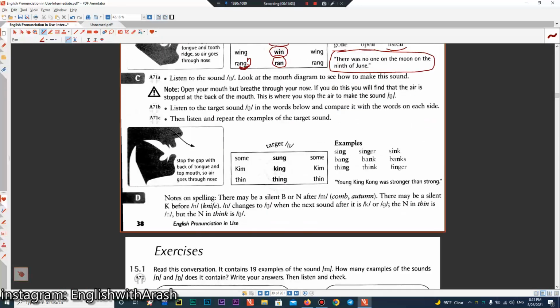Look at the tongue. The tongue is blocking the air here. So there's even less space for the air. So your tongue has to go back a bit and say, for example, talking. It's like your tongue is back there. Yes? Listen to the sound.